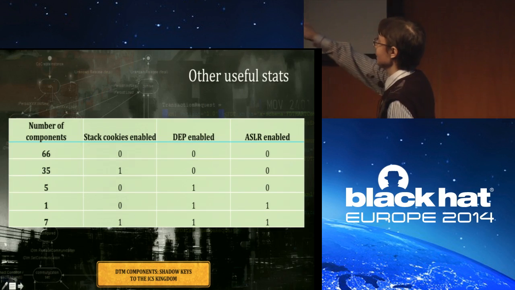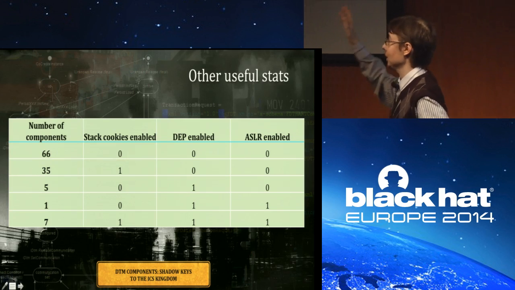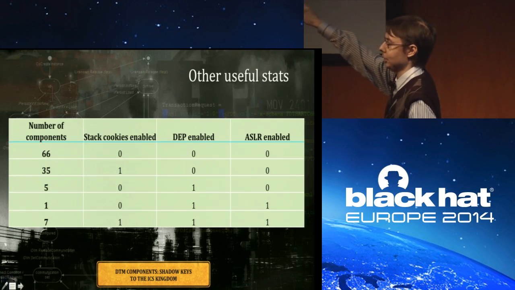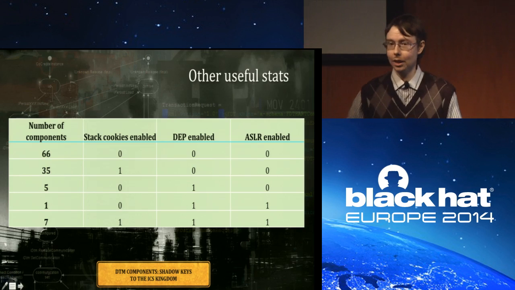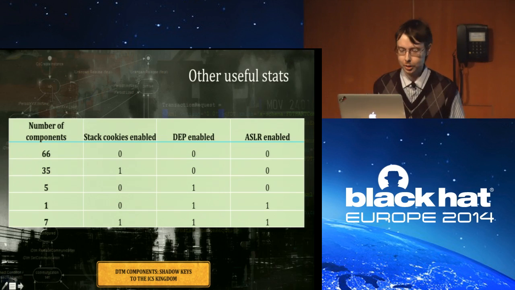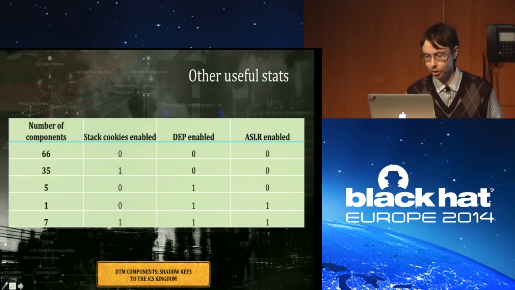Only 7 components have stack cookies, data execution prevention, and address space layout randomization enabled. Most of the components have them disabled altogether. That's really good for us, really bad for vendors. We need to do something to attract the vendors' attention to this.